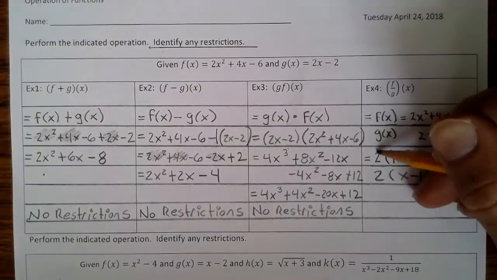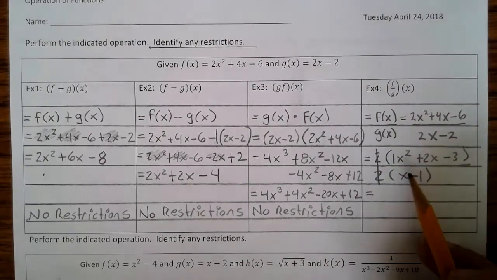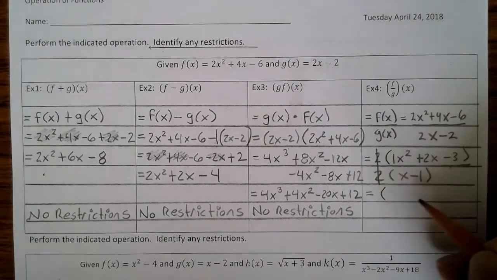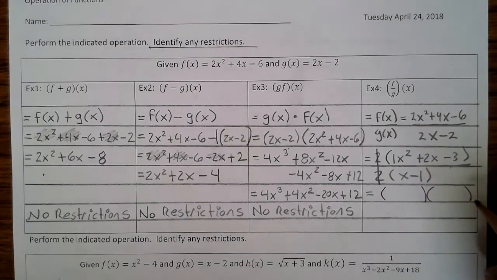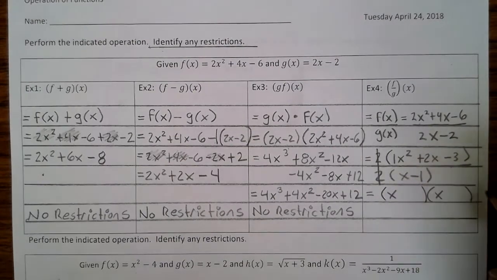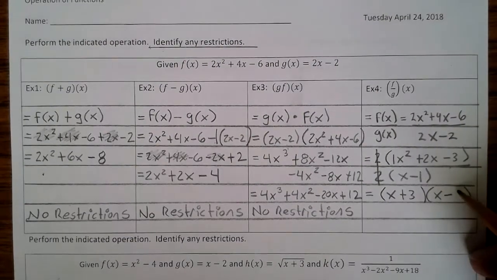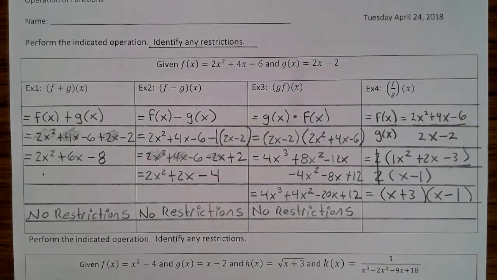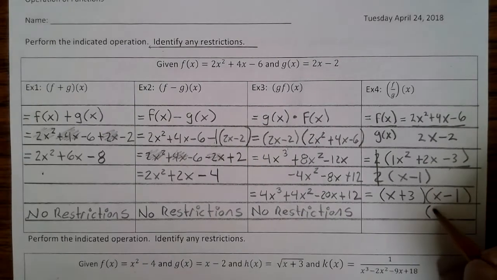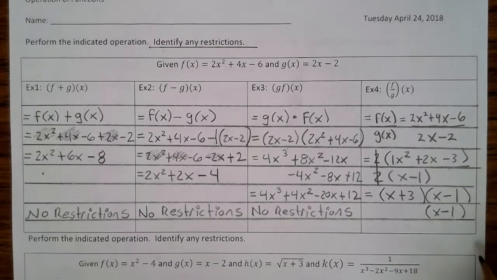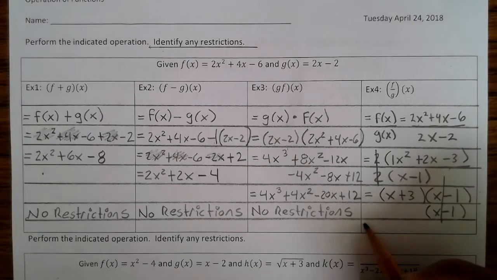All right, so the 2's divide out. Now we're going to factor this some more into 2 parentheses. We know x and x. And then we know x plus 3 and x minus 1. Okay, lining up with x minus 1, this divides out, so thus no restrictions. So we have x plus 3 with no restrictions.